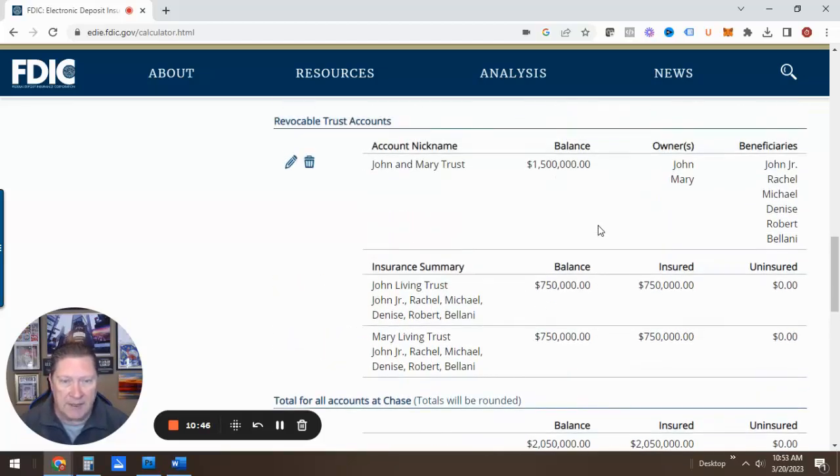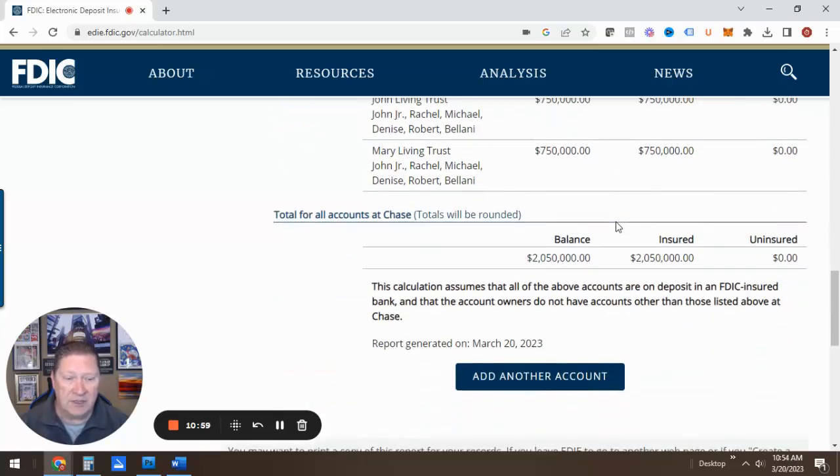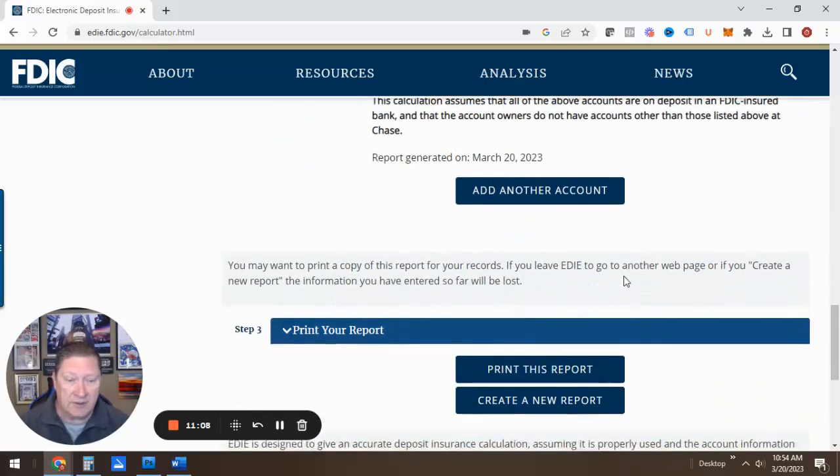The trust is not based on who set up the trust. The trust is $250,000 insured per individual. That's the beneficiaries. So 6 beneficiaries, $250,000 each, $1.5 million is fully covered. So their $2,050,000 portfolio is completely covered.